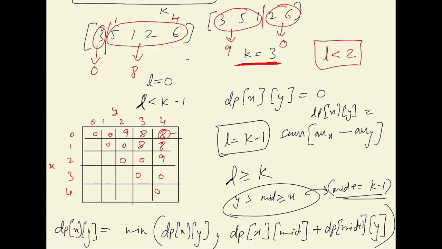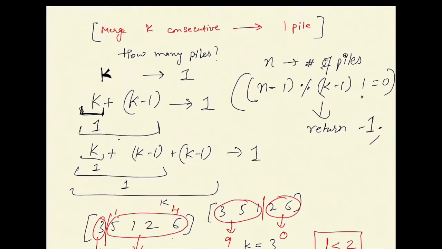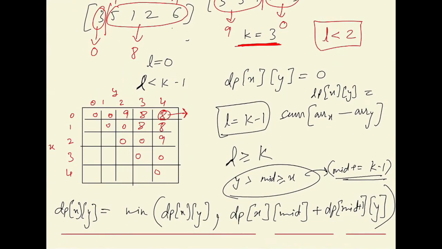But wait, 8 is not our answer, as we saw earlier. And then we have to merge this, so 8 plus 17, so the answer was 25.